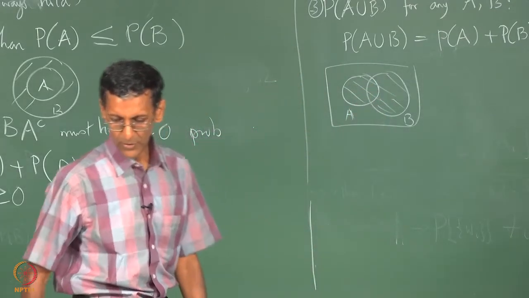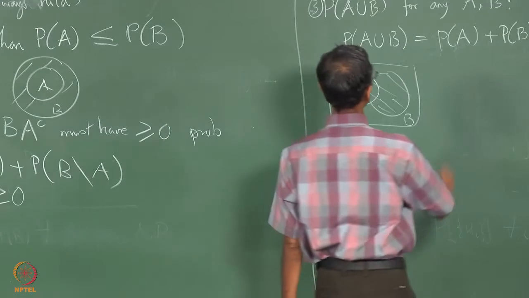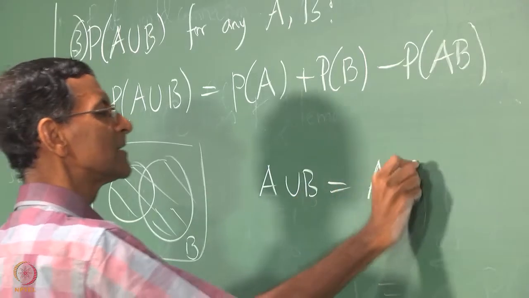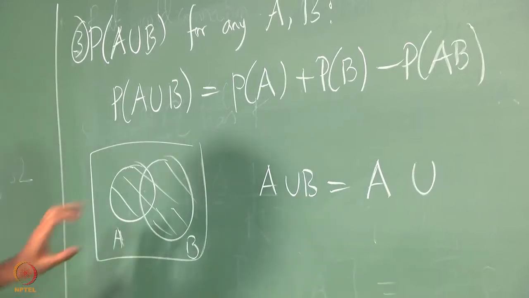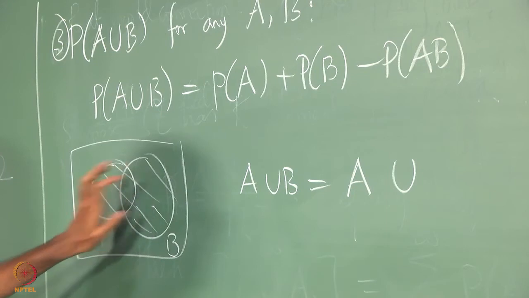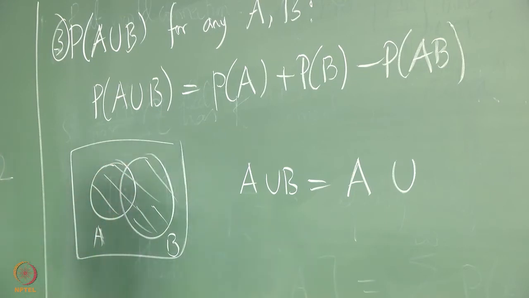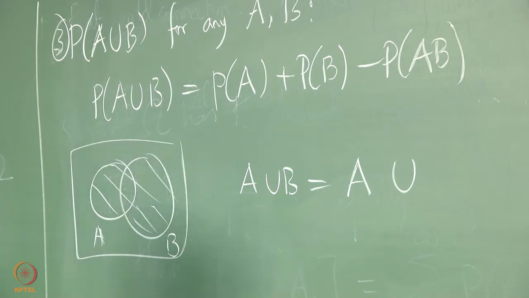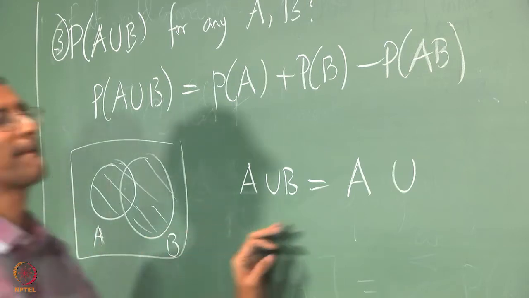So what is A union B? It is basically A union something. This portion is also written as B difference A, even when B is not a superset of A.